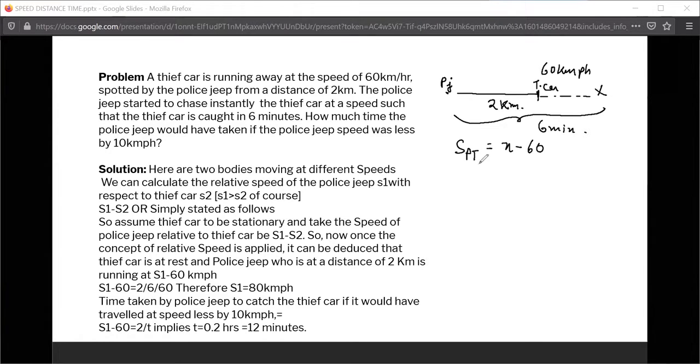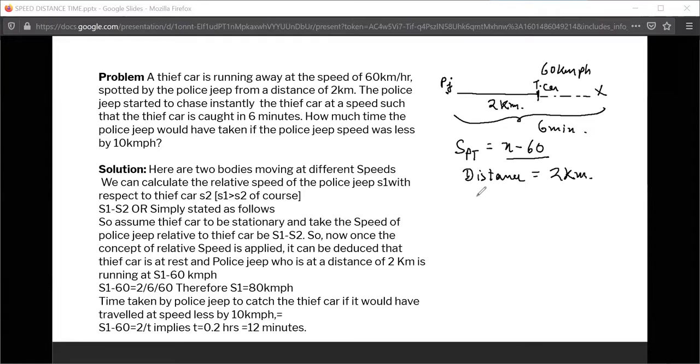The distance to consider will be 2 kilometers, because we are interested in the relative distance between the two objects.